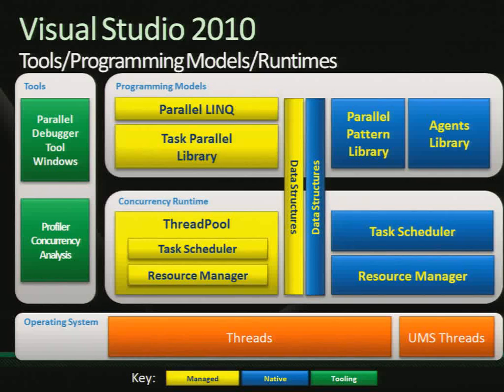That task scheduler itself then sits on top of a resource manager, where you can have multiple task schedulers in the same process, and the resource manager helps to ensure that they're not oversubscribing the box. You can imagine if in my example here, I had multiple queries executing at the same time, you don't want each of those queries to think that it owns all 24 processors, because that would cause a lot of extra work for the operating system.